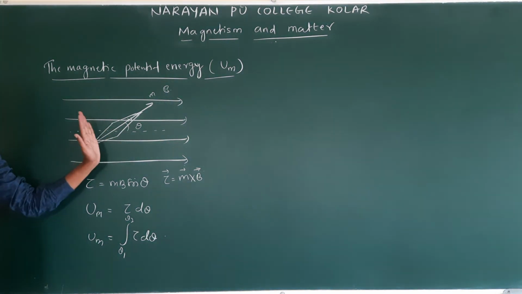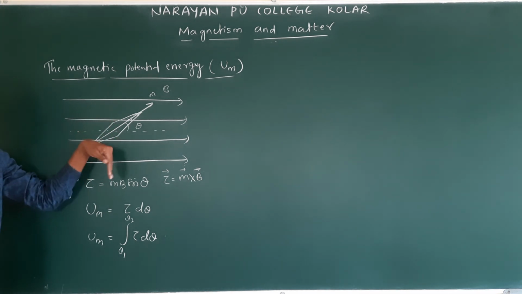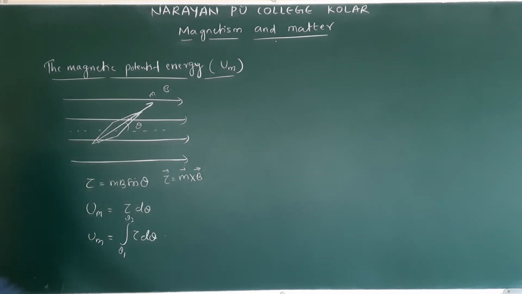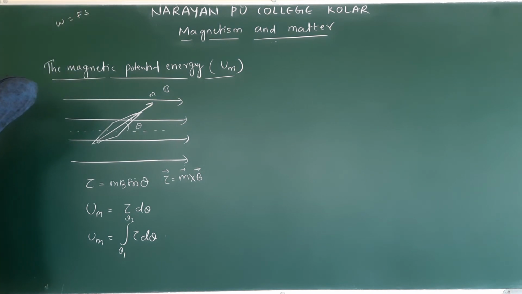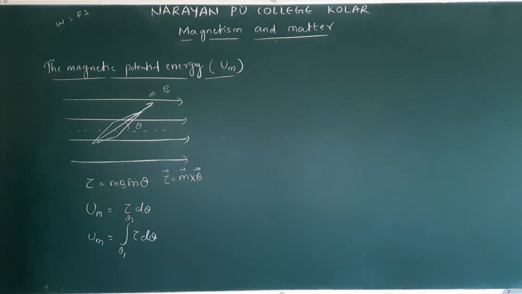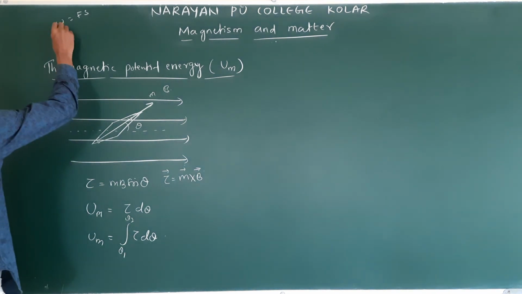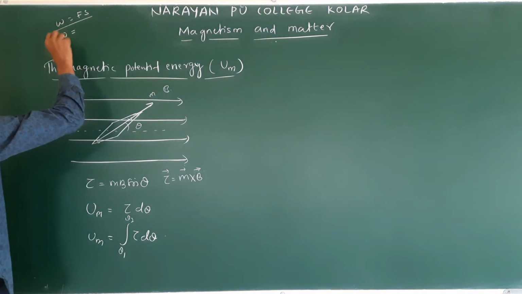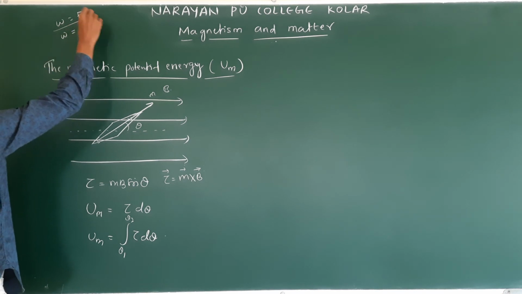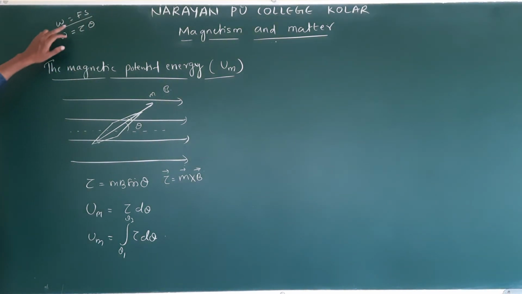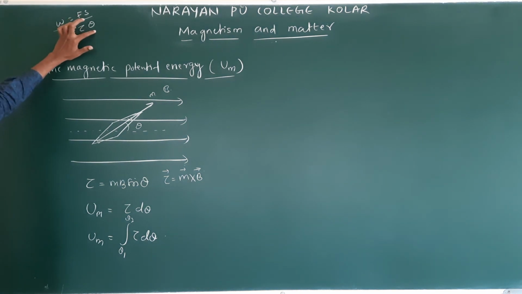Turning effect is there. We are rotating, there is an angular displacement. What is the work done formula? W is equal to Fs, or F dot S, or Fs cos theta. F dot S is the same in rotatory motion. What did we write? Tau into theta. There force and displacement, here torque and angular displacement.